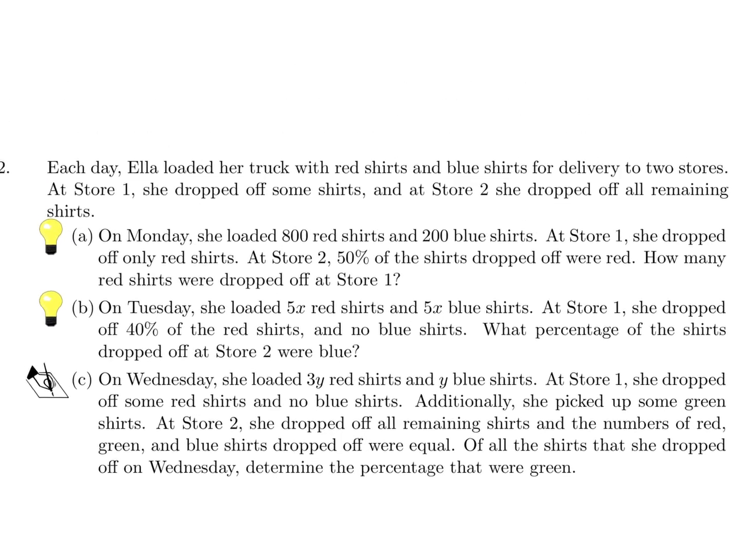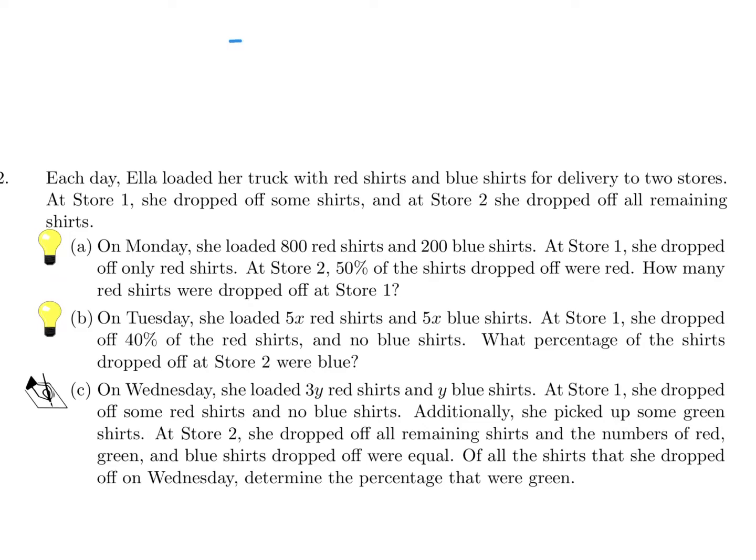Whew, it's like a riddle. Okay, so store 1, we have a certain number of red shirts. I don't know how many. Let's just say it's X. After she drops it off, the remaining now are, well, the total was 800, so 800 minus X for the red shirts.